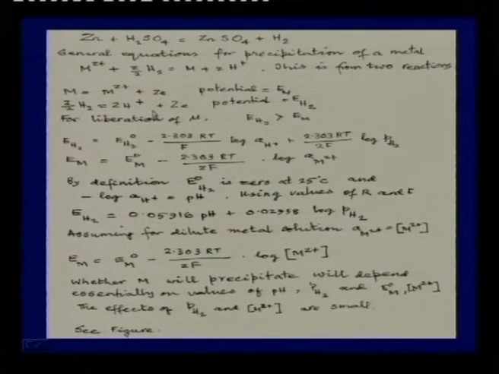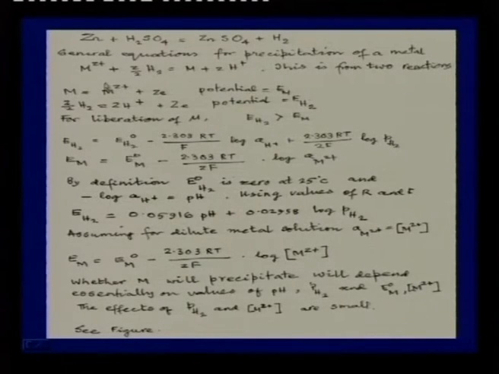Now, suppose we have nickel ions and cobalt ions in the solution. Can we precipitate them out as a metal by hydrogen?